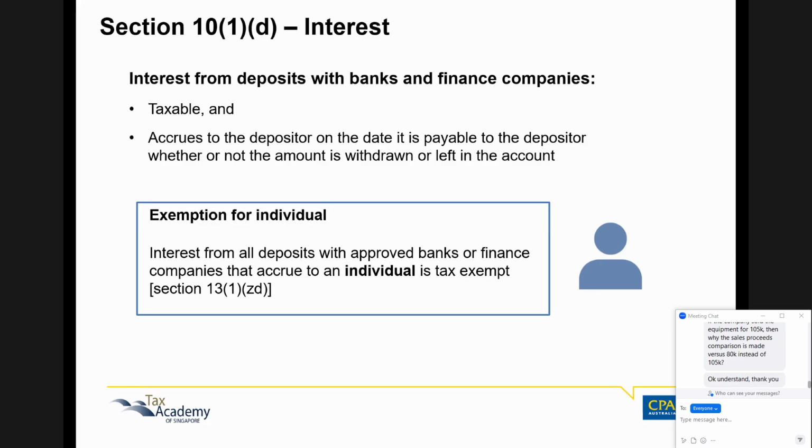Interest from deposits with banks and finance companies is taxable. Where you have your bank deposits in Singapore, these are Singapore source income. But those bank deposits overseas are foreign source.